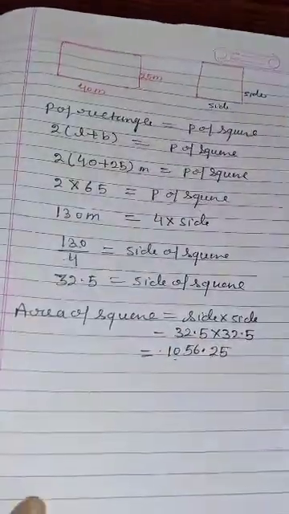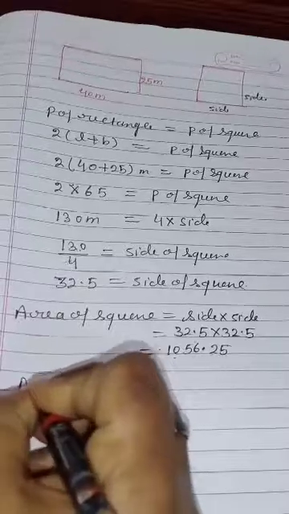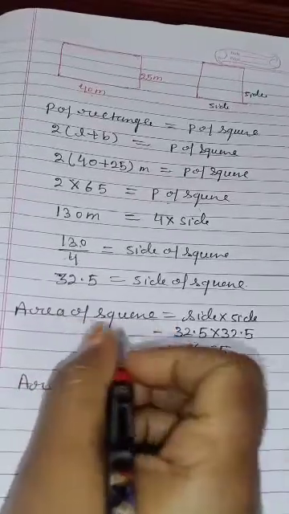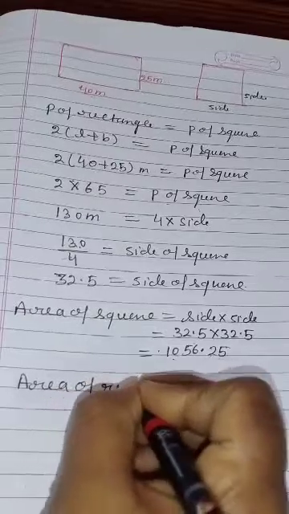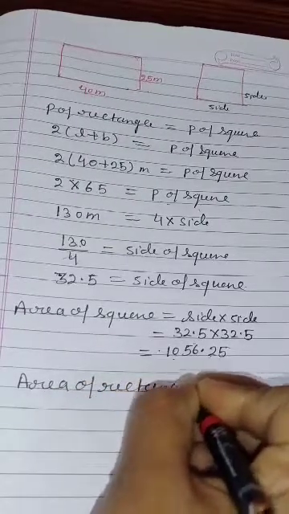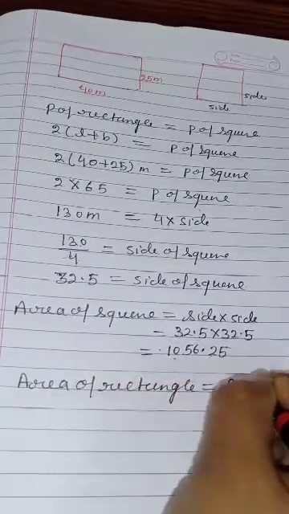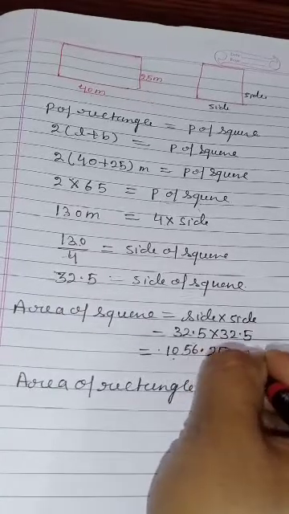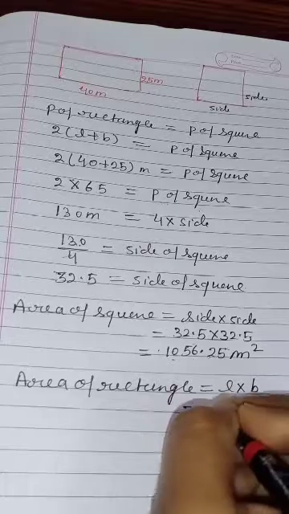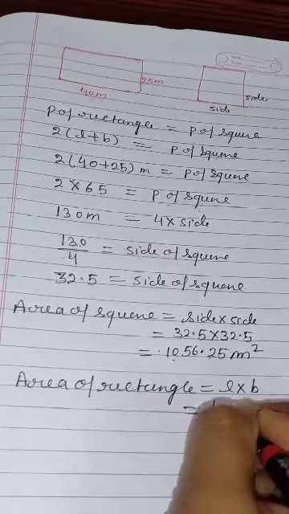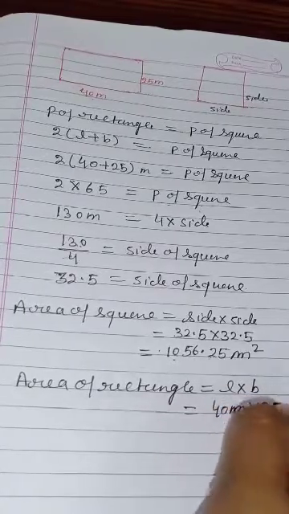Now you will find the area of rectangle also, because you have to compare which figure has the greater area. So area of rectangle is equal to length into breadth, in meter square. Length is how much? 40 meter into 25 meter.